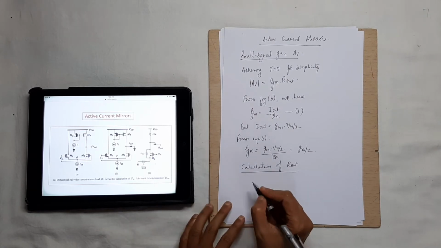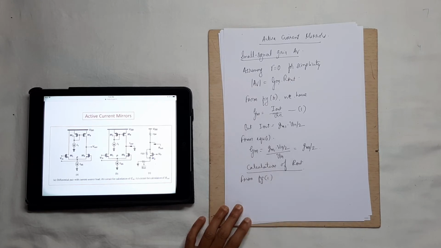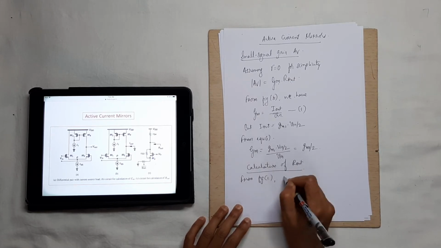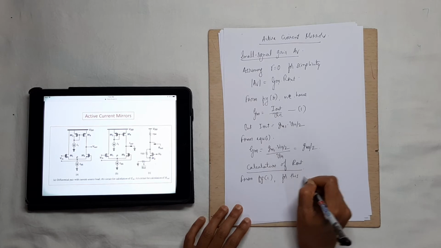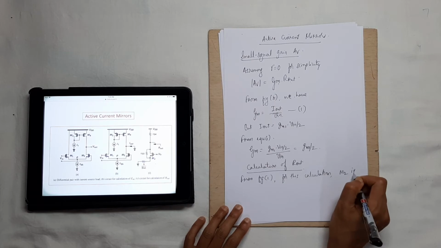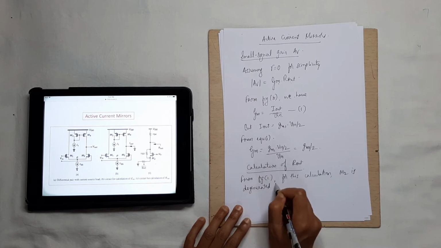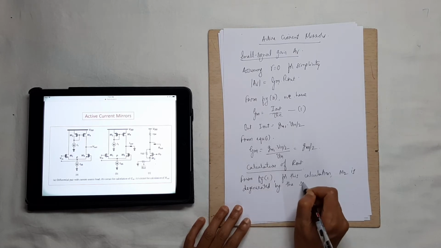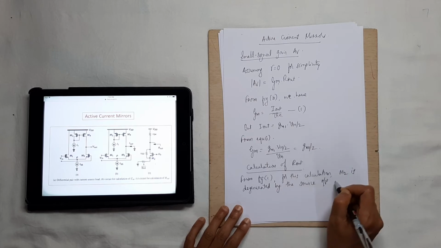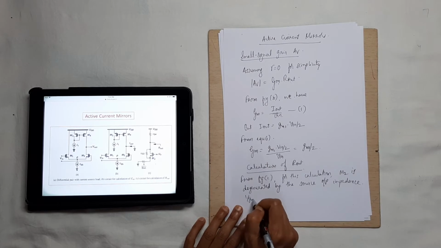Now from figure C, for this calculation, M2 is degenerated by the source output impedance, 1 upon Gm1 of M1.